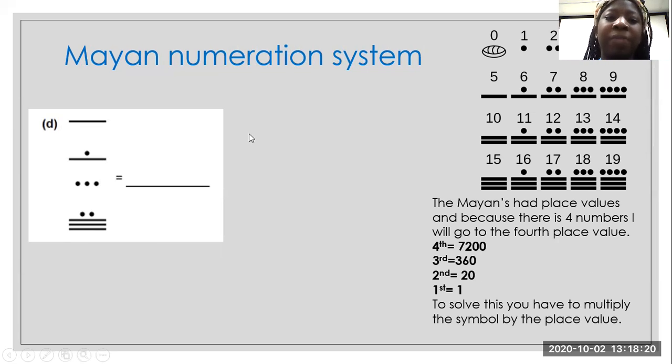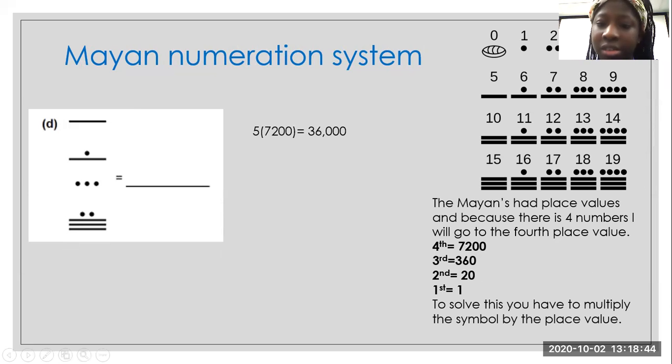Now, how the place value goes is it goes 4 to 1. Our 5 will be times the fourth value, and then our bottom 17 will be times the 1. And then we just work our way down. So our first will be 5 times 7,200, and that'll give us 36,000.